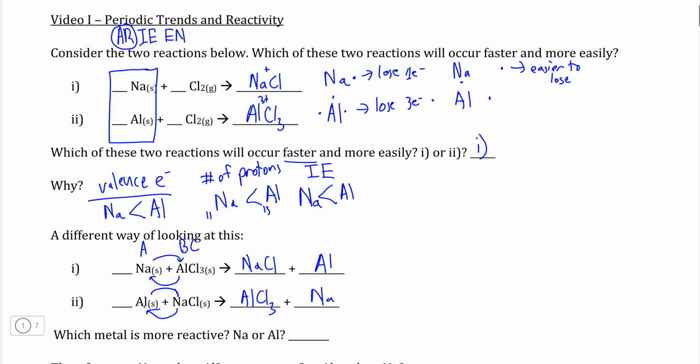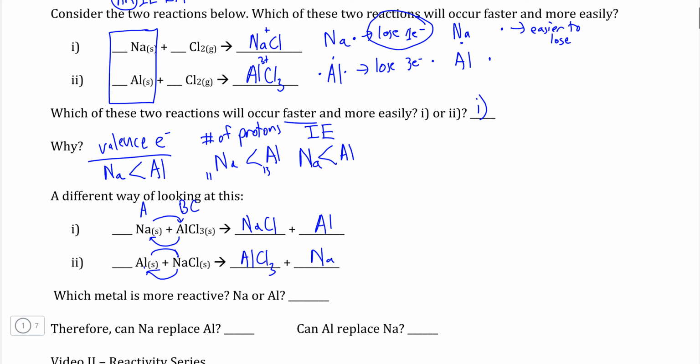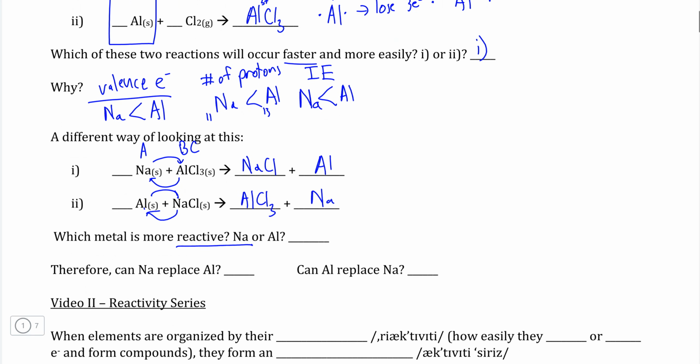Now, as we have just established, because sodium is better at losing its valence electron than aluminum is, meaning that sodium is more likely able to give away its electron to chlorine, we can say that sodium is the more reactive of the two in that it loses its electrons more easily and is therefore able to form an ionic compound more easily than aluminum is.